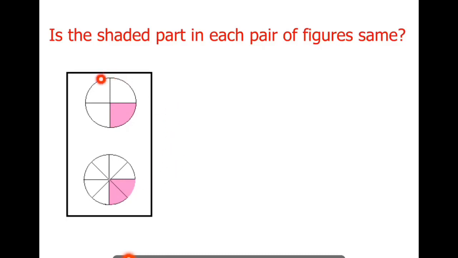Now see here, these two circles are exactly same, and in the first circle this one is the shaded portion, and in this second circle, which is exactly identical to the first circle, this shaded portion is again same. See the quantity, the magnitude which is being shaded in both these two identical circles, it is exactly same.